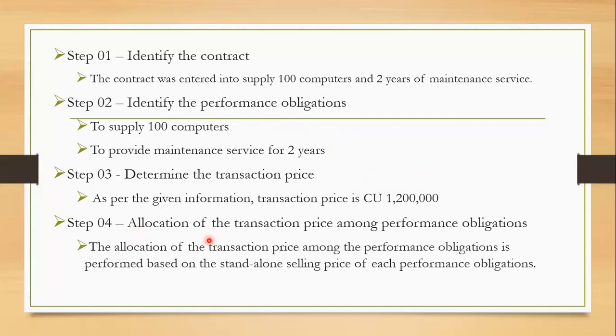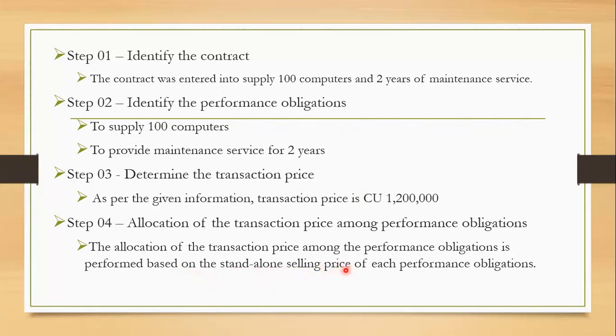The allocation of the transaction price among the performance obligations is performed based on the stand-alone selling price of each performance obligation. Please understand that part. We are allocating the transaction price among the performance obligations based on the standalone selling price.